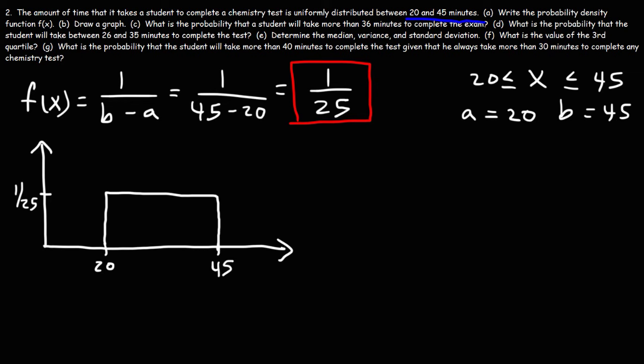Now for part C, what is the probability that a student will take more than 36 minutes to complete the exam? So what is the probability that x is greater than 36? So let's say 36 is right here. What we need to do is calculate the area of this shaded region.